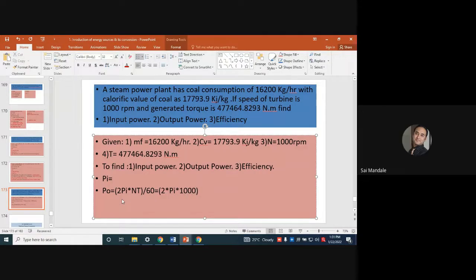T, torque, is given to me. 2 pi N T divided by 60, that will be the power output. And how to calculate efficiency? Once we know the power input and the power output, we can easily find the efficiency. Power output upon power input is equal to efficiency.